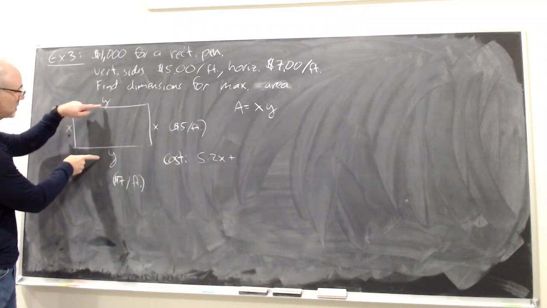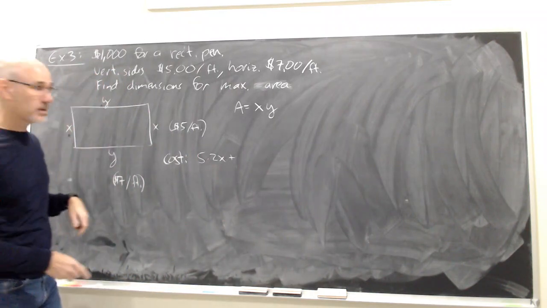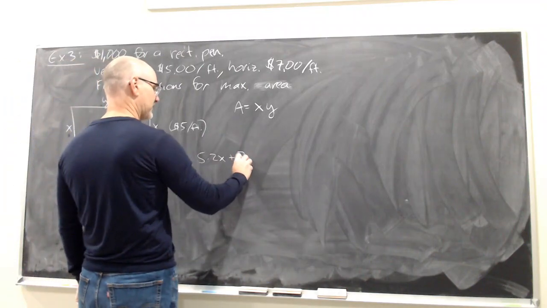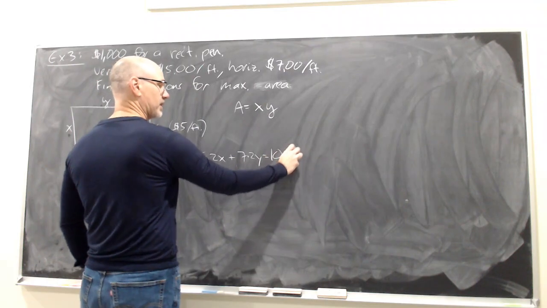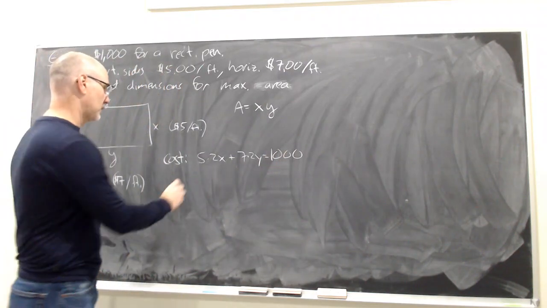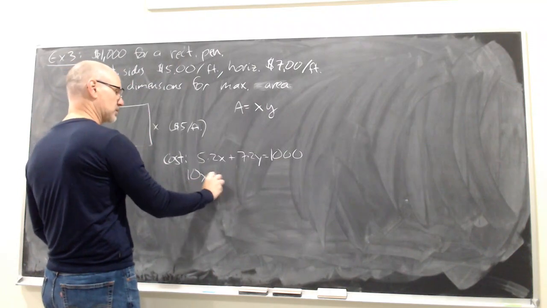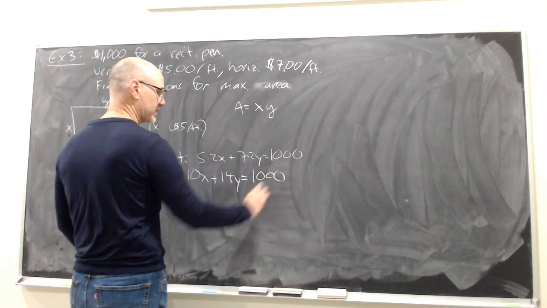We have two sides to the pen that cost $7 a foot. So we have 2Y times 7. And that has to total $1,000. In other words, 10x plus 14y equals 1,000 is our constraint.